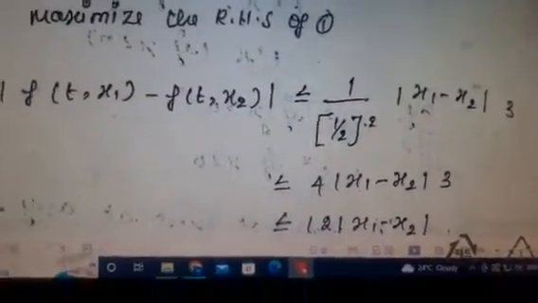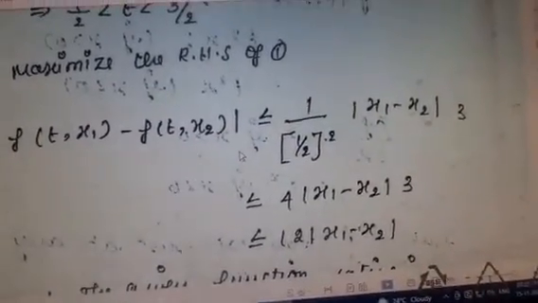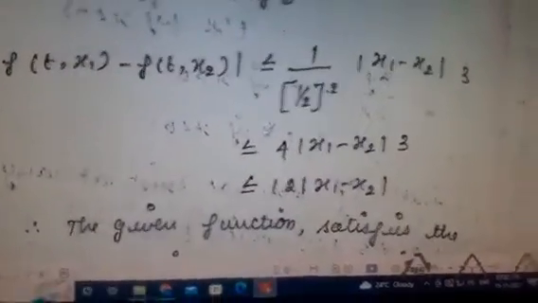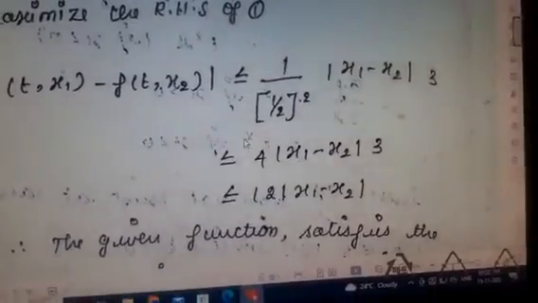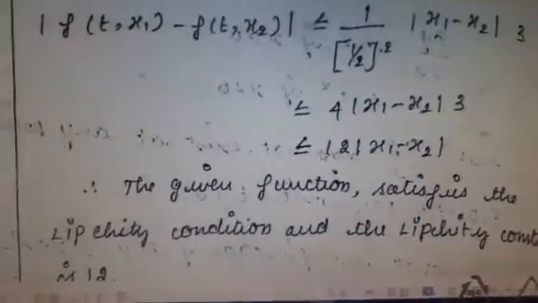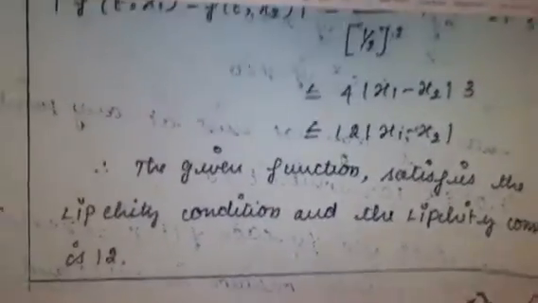Therefore |f(t, x1) - f(t, x2)| is less than or equal to 12 times |x1 - x2|. Therefore the given function satisfies the Lipschitz condition and the Lipschitz constant is 12. So this completes the problem.